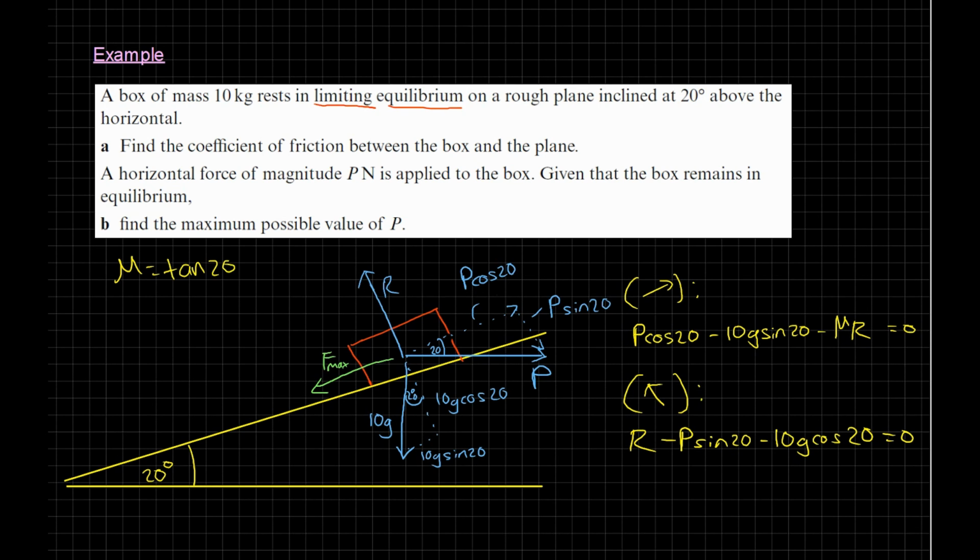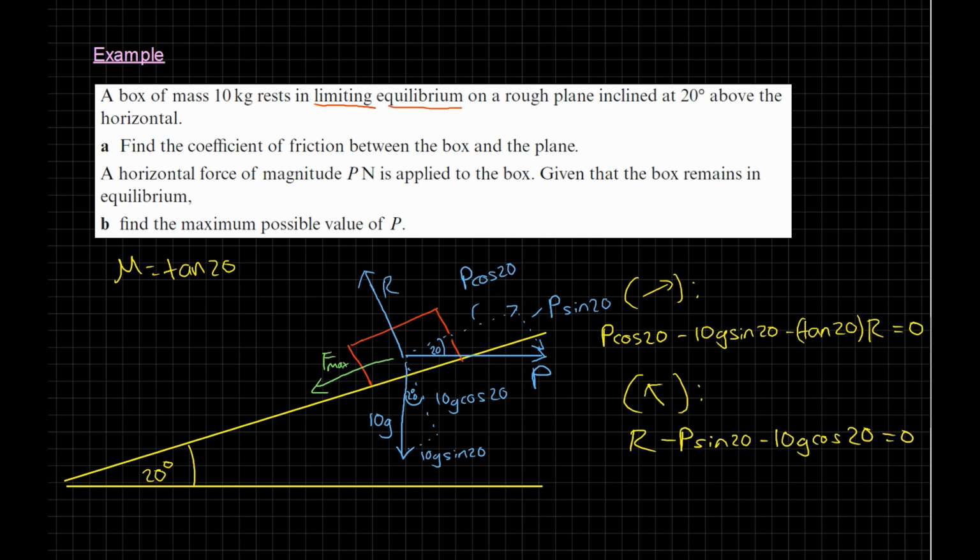So starting to look a little nasty, but let's not get too upset by this. We've got tan 20 here, that's our mu times R, and that's equal to 0. So we've got two equations and two unknowns. Capital R, capital P are our two unknowns. This should be solvable. We should be able to find a value for P.